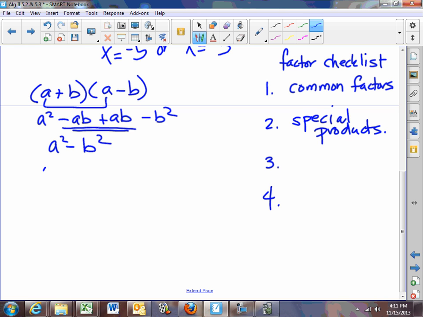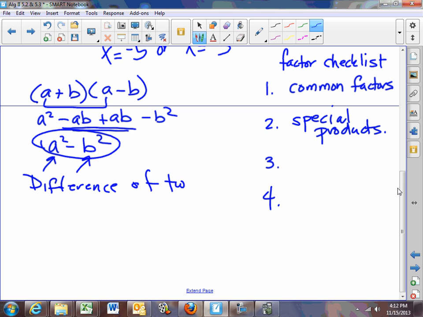Now notice, a squared is a square. There's something you square to get a squared. Actually, it's a. And b squared is a square. There's something you square to get b squared. Actually, it's b. So we call this pattern the difference of two squares, because we're subtracting.